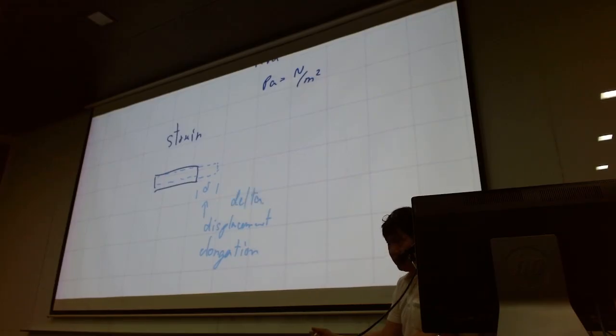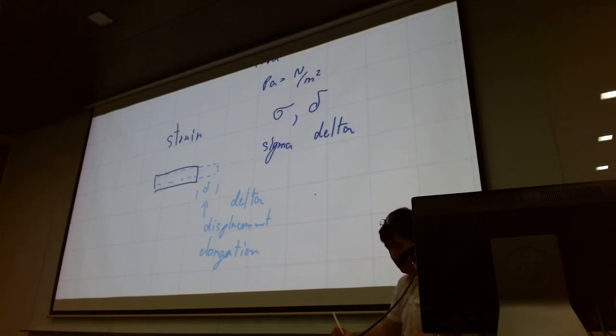This is a symbol called delta. This is like a little musical note. People would have to understand that this is sigma and this is delta. You have to understand the difference between the two symbols.